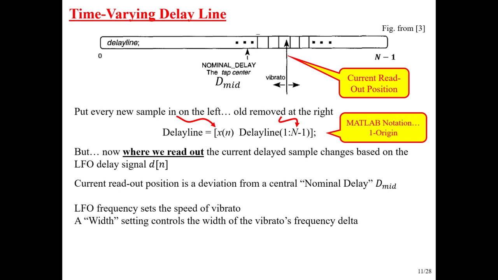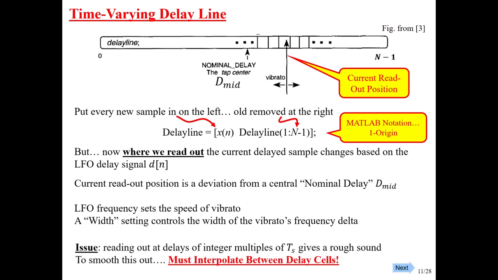And the same thing in real-time implementations. I might put one or two extra cells out there, and we'll see that we really do need at least one extra cell on this side for something that we'll see in just a minute called interpolation.